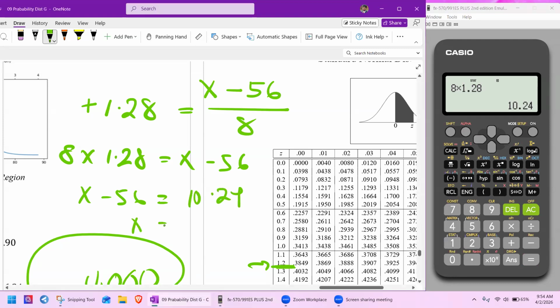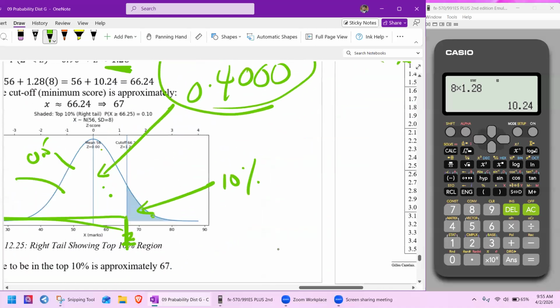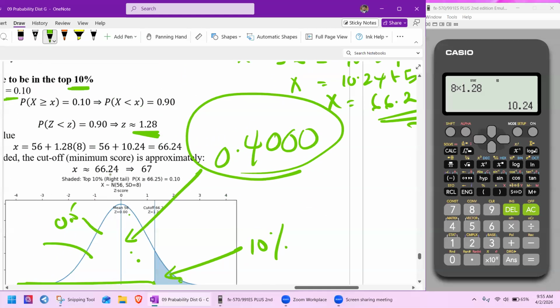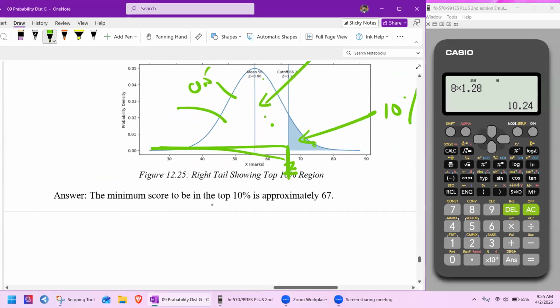Then x equals 10.24 plus 56, so x equals 66.24. So the cutout mark is 66.24, approximately 67. So the answer: the minimum score to be in the top 10% is approximately 67.